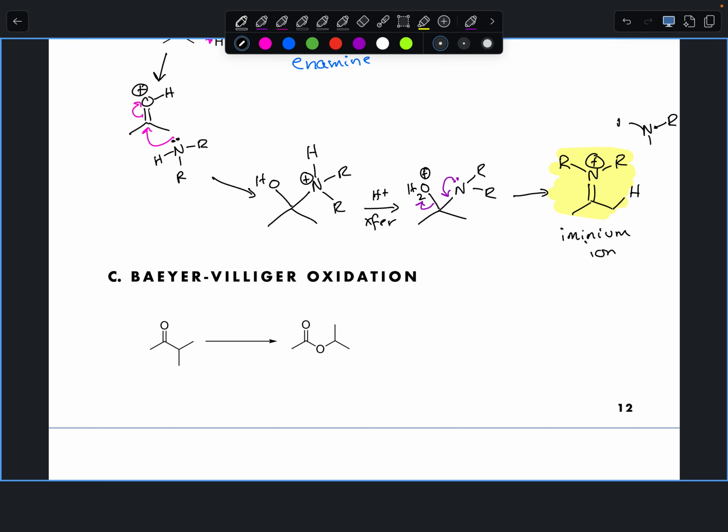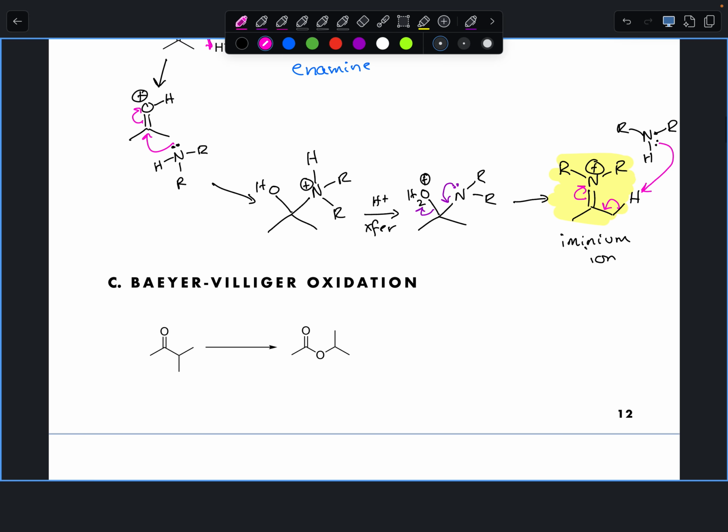We have a carbonyl carbon, we have MCPBA, we have 2 adjacent carbons. They both have 3 carbons attached to them. So the question is, which of those is going to migrate? The rule is that if you have the same substitution, but one is aromatic, that aromatic group is going to migrate preferentially.